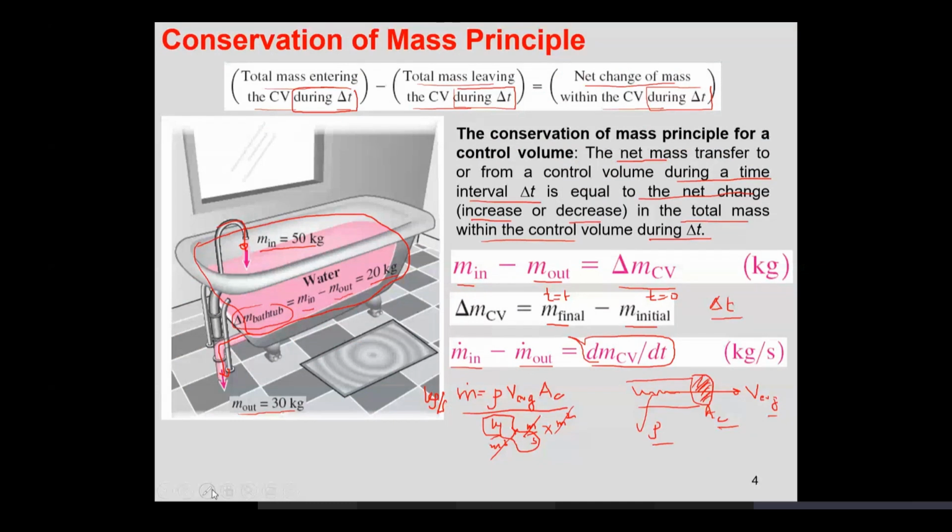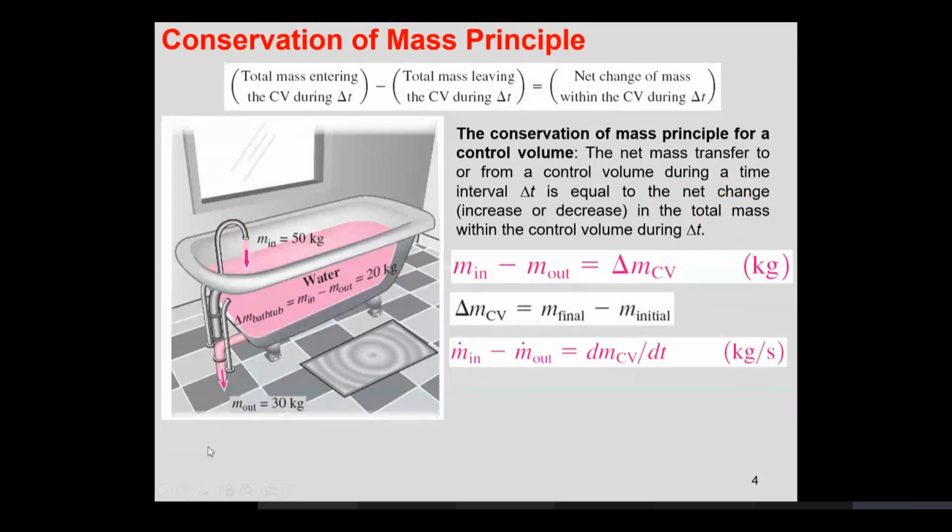Yes, sir. Got it. The important thing is that mass flow rate, as I mentioned, is equal to rho V average AC, the cross-sectional area through which the fluid is flowing.